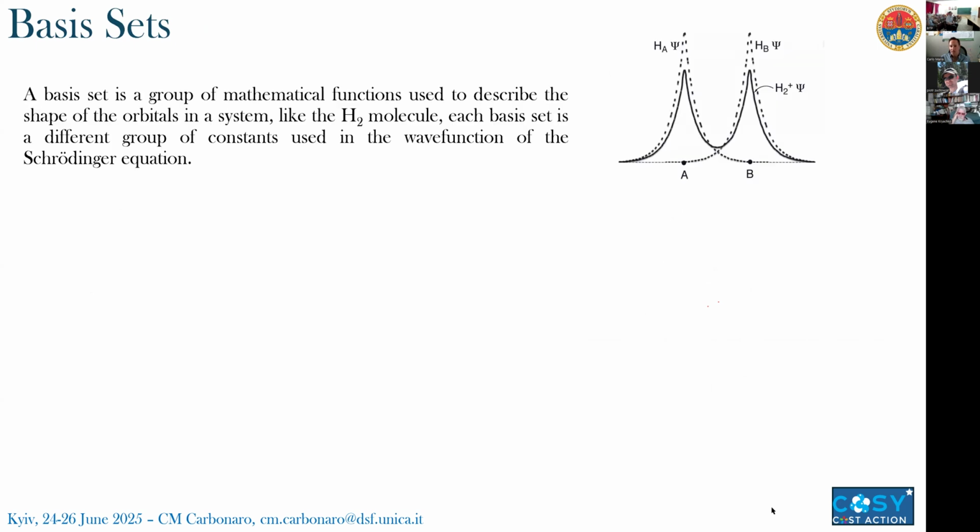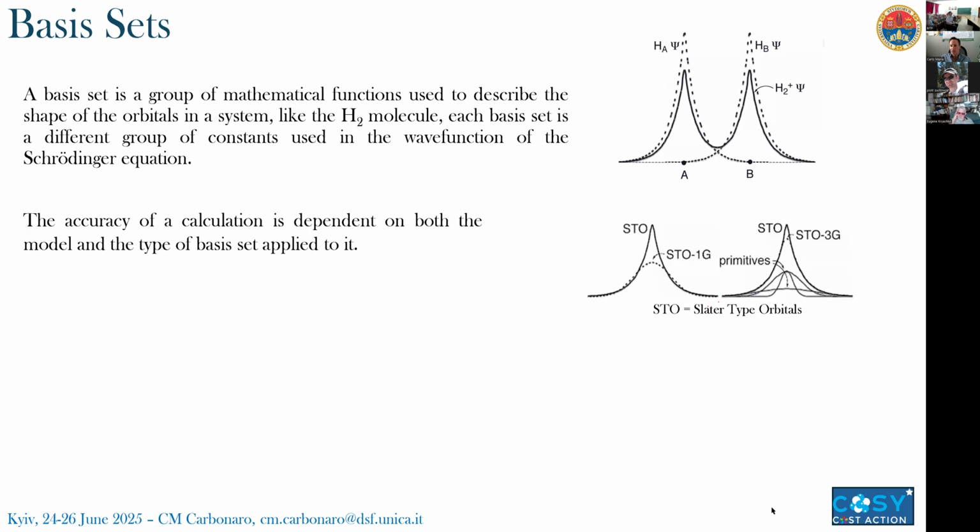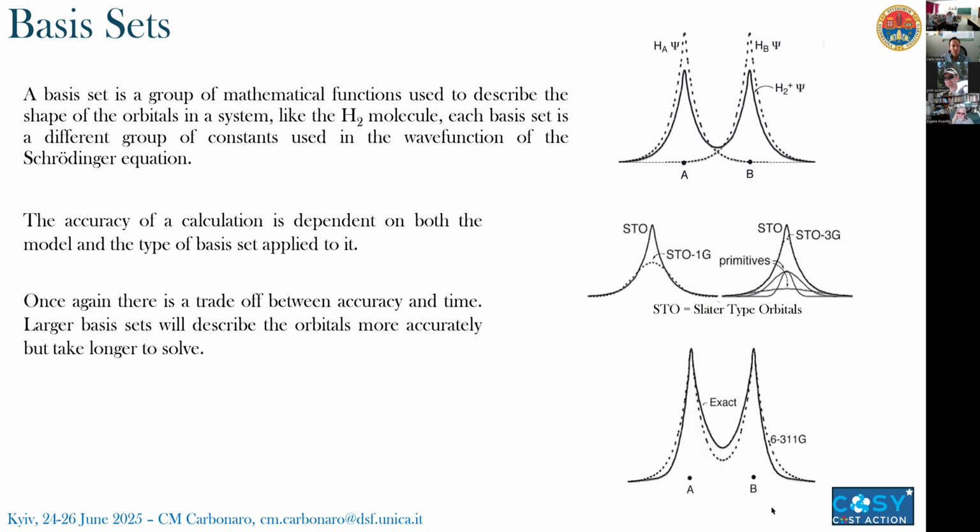And we have seen yesterday that we can use different basis sets in order to have a mathematical function which is able to describe the shape of the orbitals of our systems, which could be quite easy in the case of the H2 molecule, but of course it's very difficult in the case of more complicated systems and molecules.